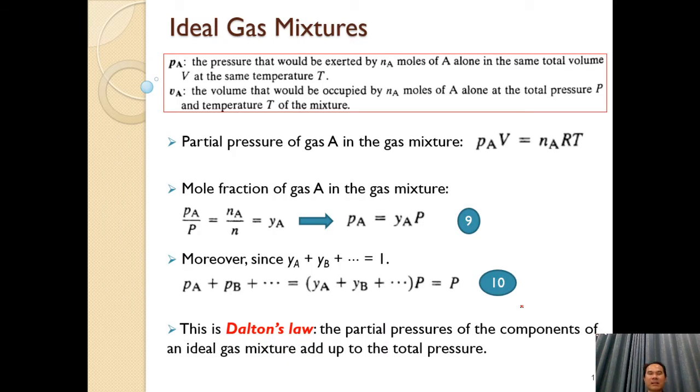Previously, we talked about gas in only one state, a single phase. But for the next slide, we talk about the ideal gas mixture. For this case, we will talk about the partial pressure.